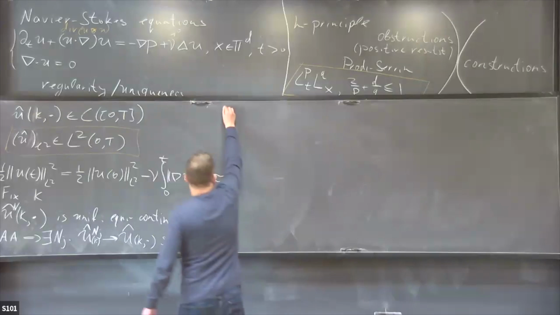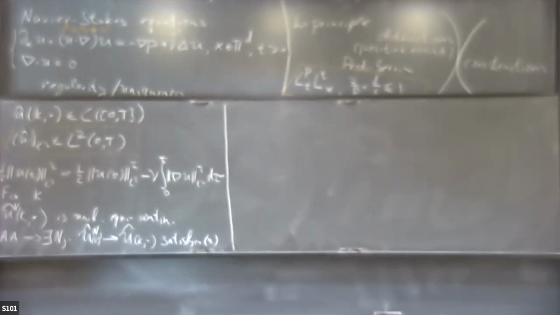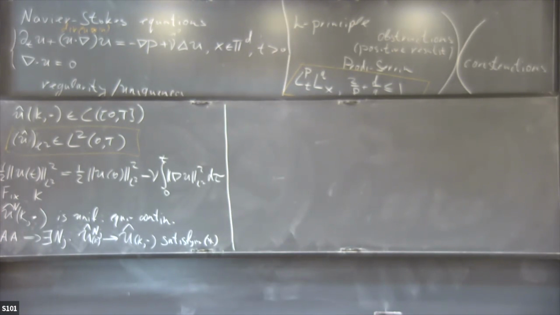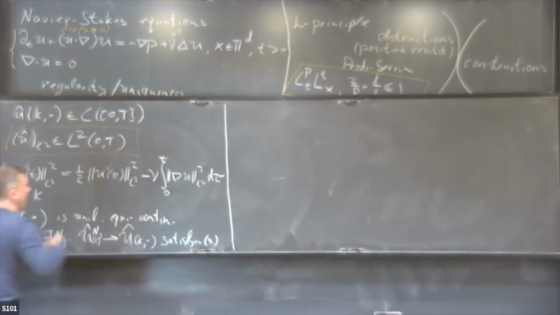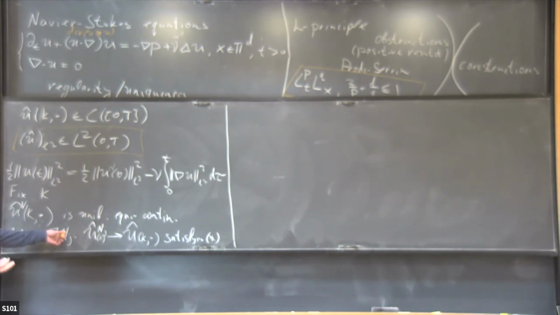Moreover, they satisfy some rather nice properties. The energy equality which I wrote is an exact equality for the Galerkin approximation. But once you pass to a limit, the Arzelà-Ascoli theorem gives you weak convergence in a sense, so each Fourier coefficient converges separately.